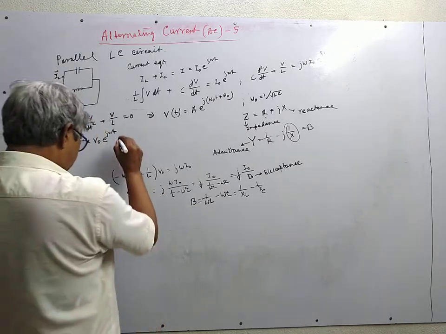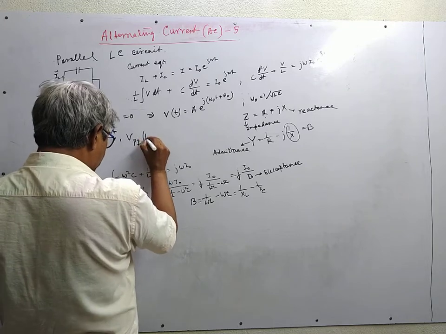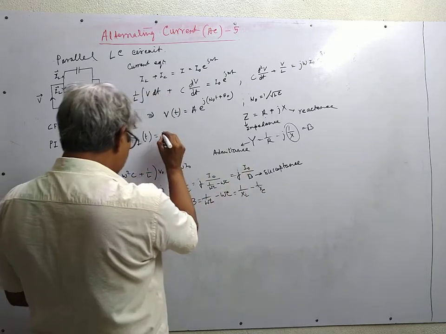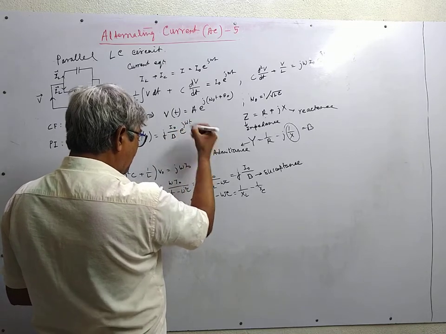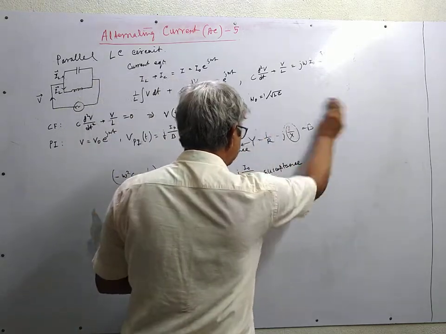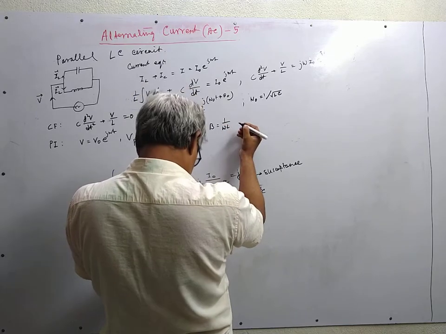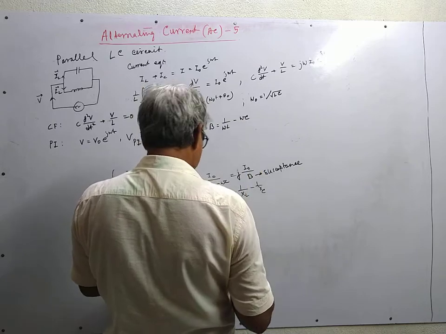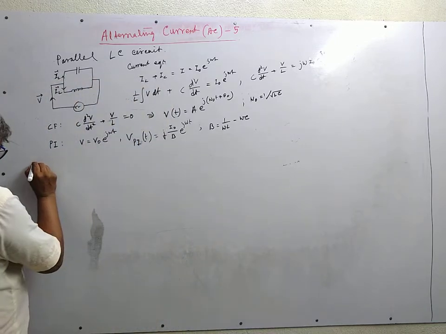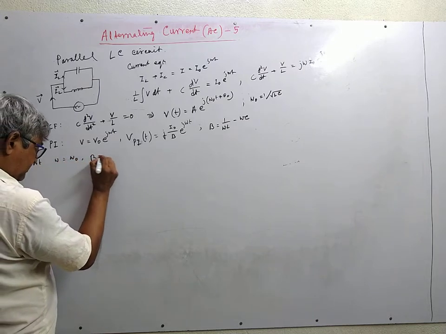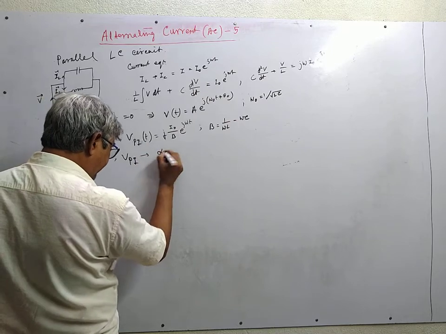So now come to the point. V0 is this. So we get V particular integral as a function of t is equal to this part, where the susceptance B is defined as omega C minus 1 by omega L. Now at omega is equal to omega 0, B is equal to 0, and V particular integral shoots to infinity.